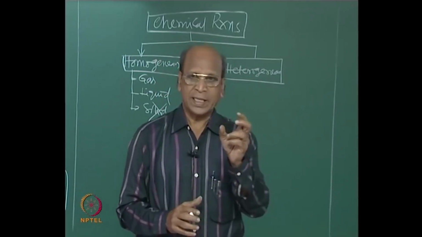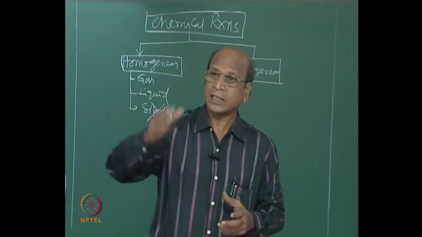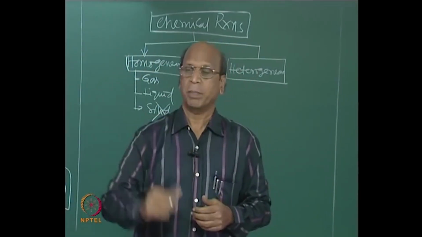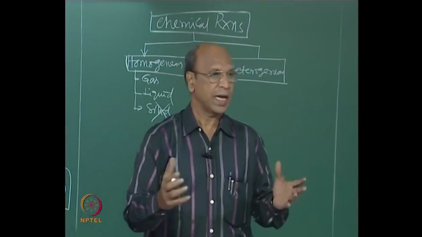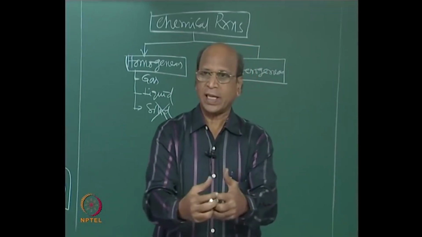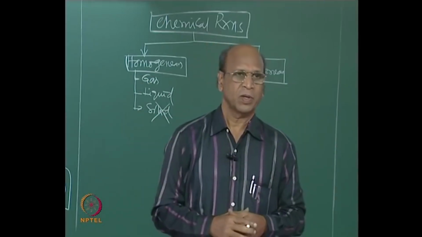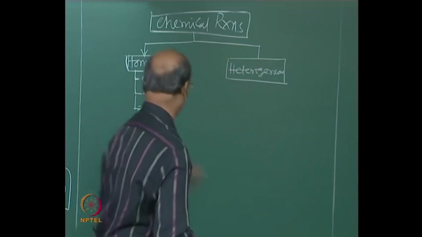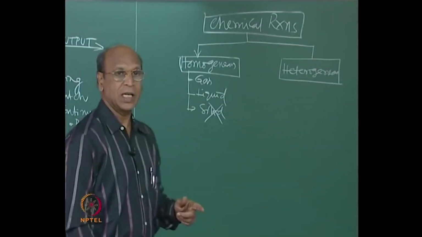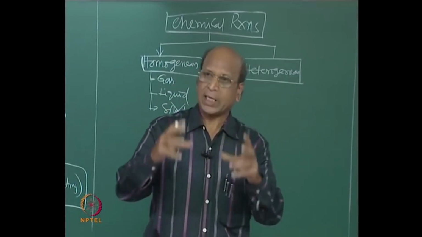right. So that means if I have A and B together in a homogeneous phase, A need not search for B, B need not search for A, both of them are very near. So they come together, and we can imagine the collisions and all that, and then immediately you will get the reaction. So the basic requirement for the homogeneous phase definition is that you have the molecules together in sufficient amount.